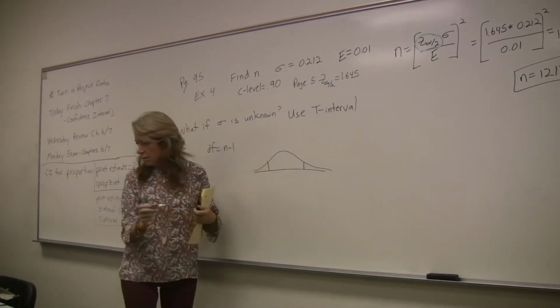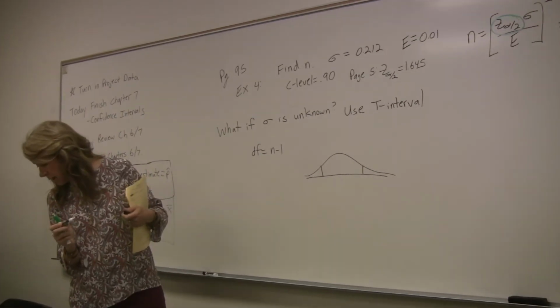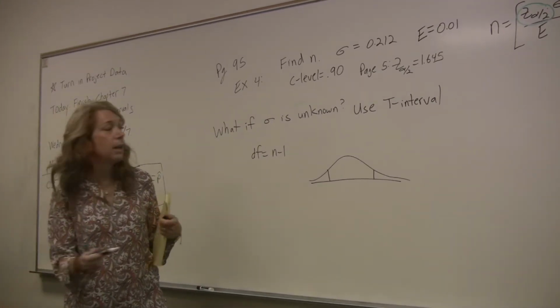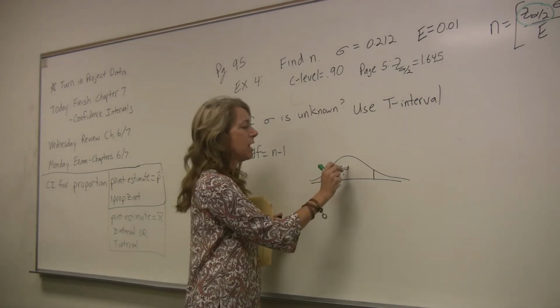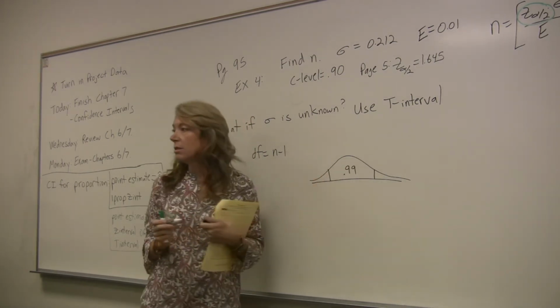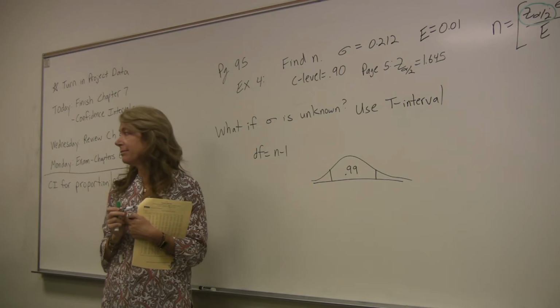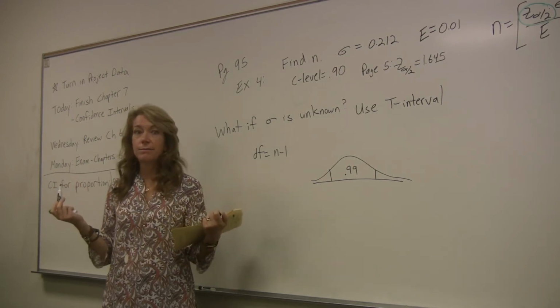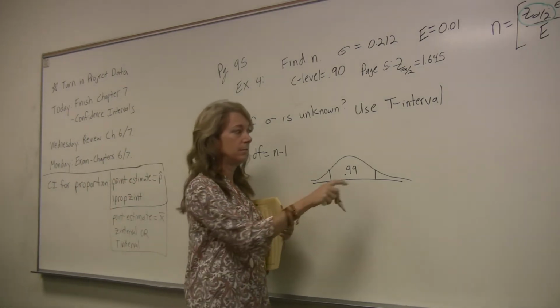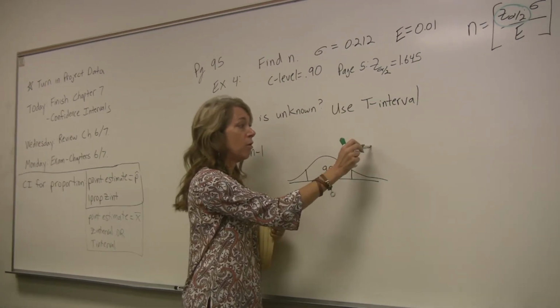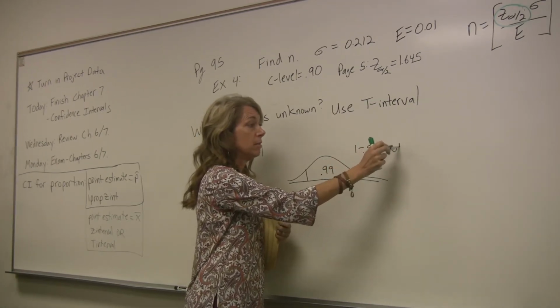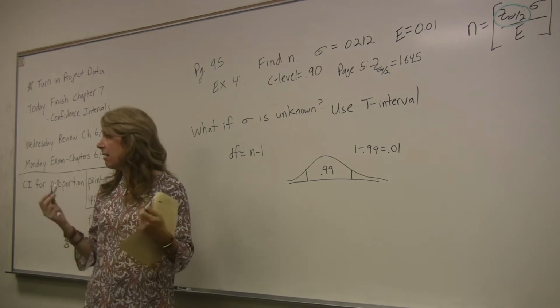What was our confidence level? 99, thank you. 0.99. So what's my alpha? Area on the outside? 0.01. Right? 1% is the area outside.